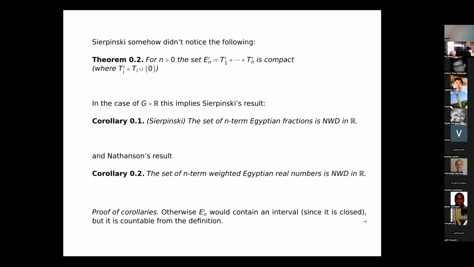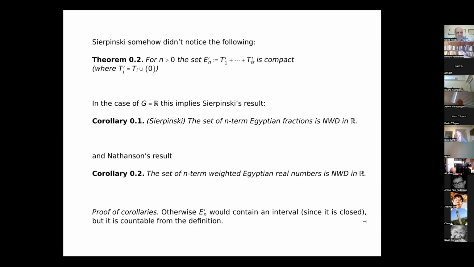But non-trivial intervals aren't countable, but the set of these n-term Egyptian fractions or n-term weighted Egyptian real numbers, whichever you're working with, is countable. So once you've got this theorem that the set of things is compact, you get for free the nowhere dense results, at least in the real line. And it's such an easy result, I'm going to show it to you later, but not yet.